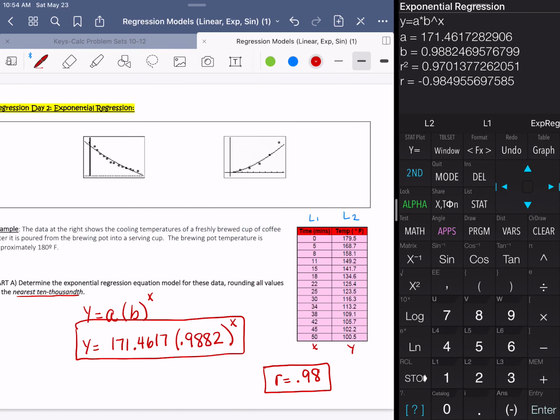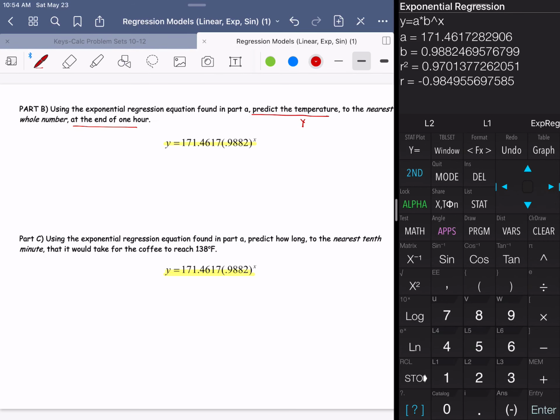And again, if you look back over here, the time is in minutes. So we can't just put in 1 for hours. We're going to have to put in 60 for 1 hour, which is 60 minutes. So y equals 171.4617 times 0.9882 to the 60.